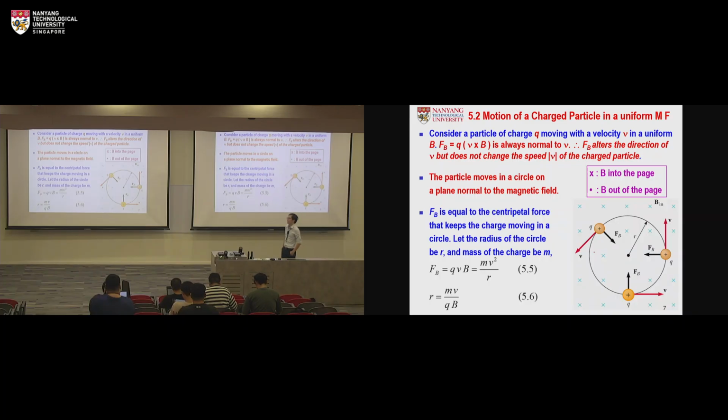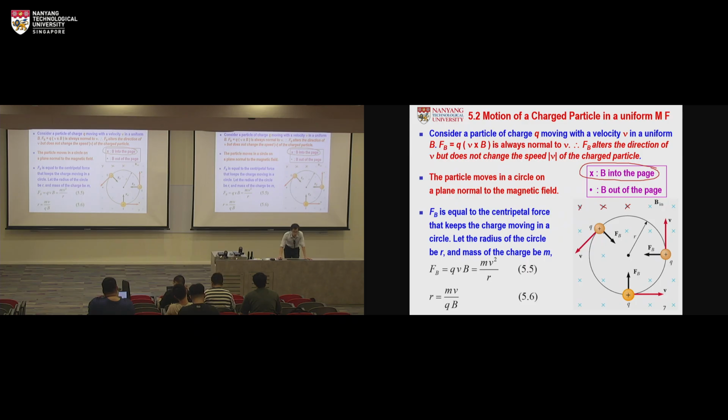Okay, once we can determine the magnetic force, one more step is to figure out how exactly a charge will move inside a magnetic field B. So first of all, in this space there is this magnetic field B. When you see this symbol, you should immediately tell the direction of B is pointing into the page, right?